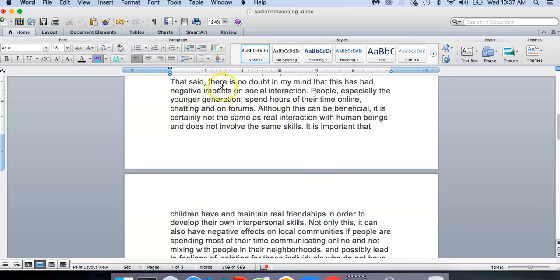The writer is saying, that said, there is no doubt in my mind that this has had negative impacts on social interaction. So this is when they start talking about the negative effects, okay? People, especially the younger generation, spend hours of their time online chatting and on forums. Although this can be beneficial, it is certainly not the same as real interaction with human beings and does not involve the same skills.